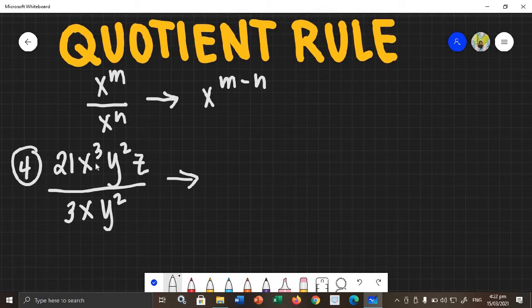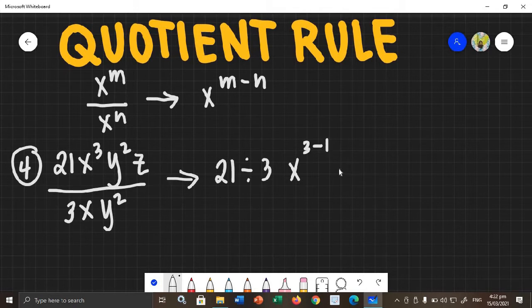Using the quotient rule, the coefficient, you need to divide that. 21 divided by 3. And then observe the variables. For the same variables, you can subtract their exponents. Just like x, they both have x. Therefore, x raised to 3 minus 1.